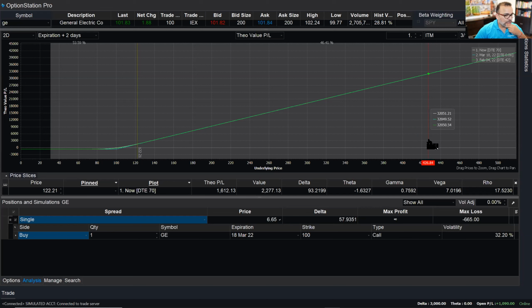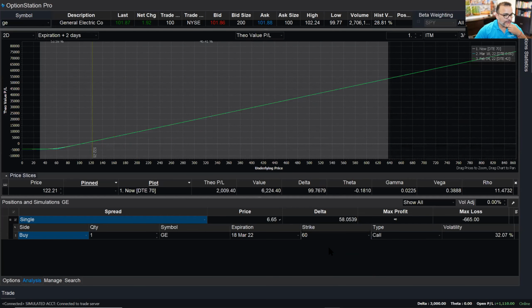Okay, so maybe let's go back here to the 60 strike price, because looking at this is a very tough position to get ourselves into because of the price.